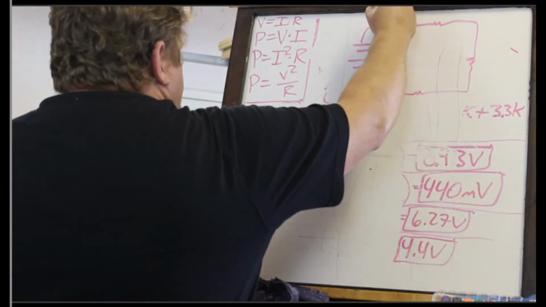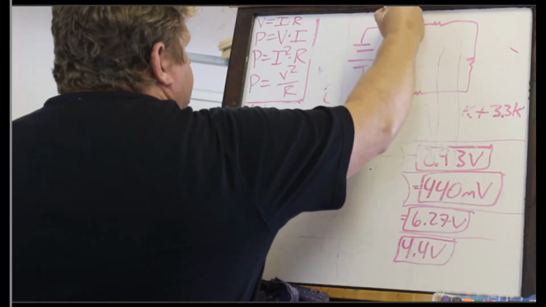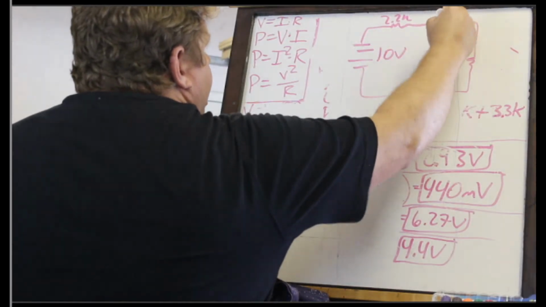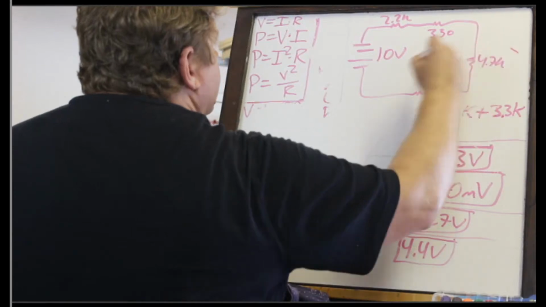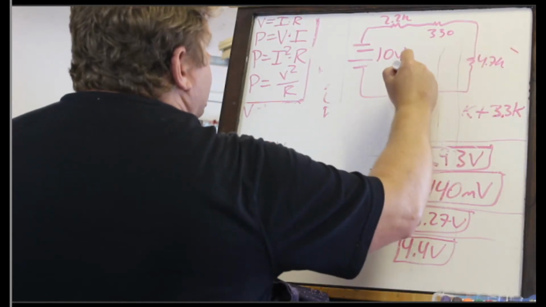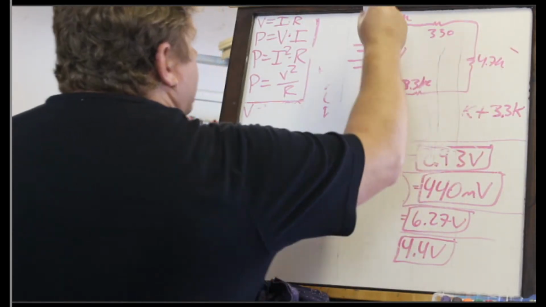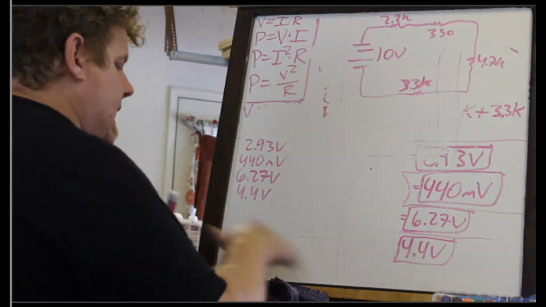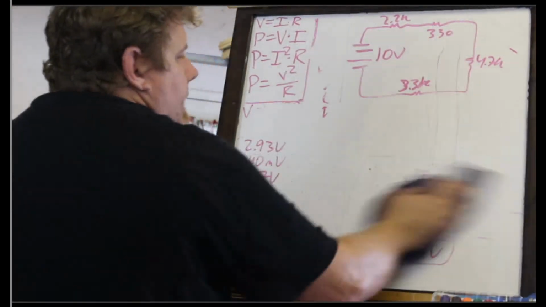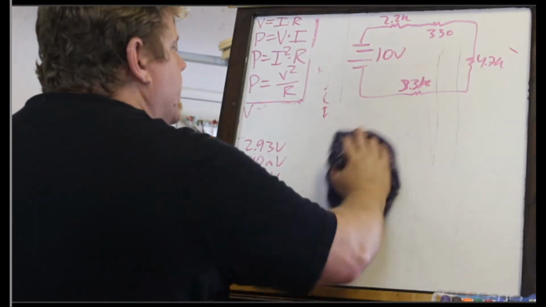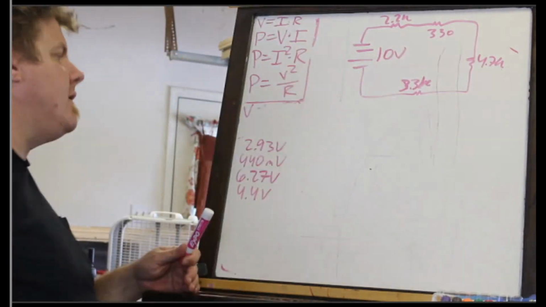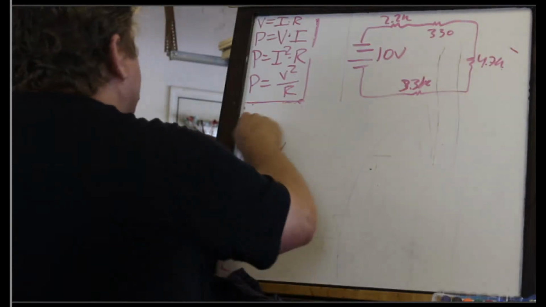And that was 2.2, 330, 4.7, 3.3. Okay. All right, so that was our original circuit. So what I'm going to do now is find the total circuit current and then see if our voltage division matches. Hopefully it does.